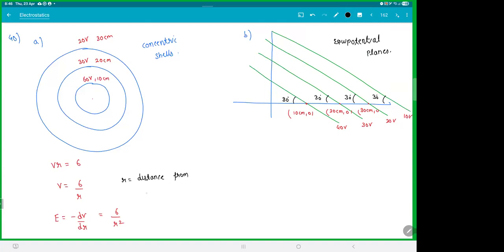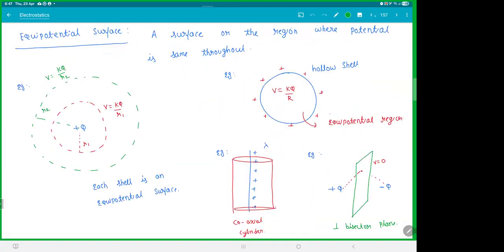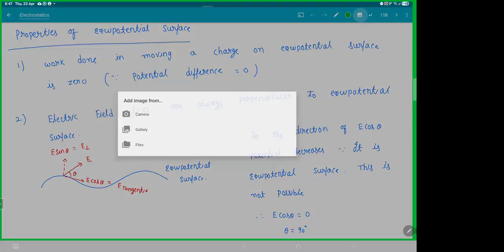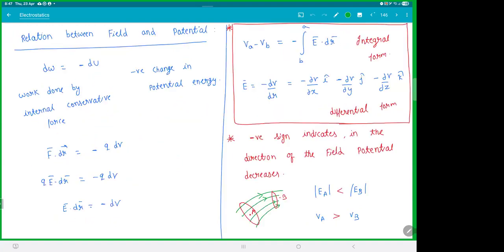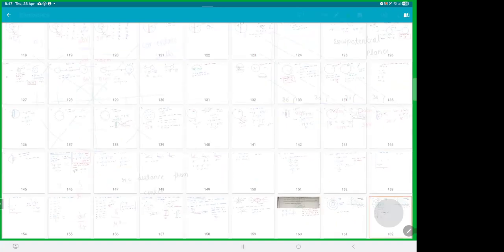And what about the direction? Can someone tell me the direction? It should be perpendicular to the equipotential surface. So it should be perpendicular to the shells. But is it inward or outward? You guys remember the statement? In the direction of electric field, the potential decreases. That's what the minus sign says. The negative sign indicates in the direction of field, potential decreases. Now, in this question, look at the potential.